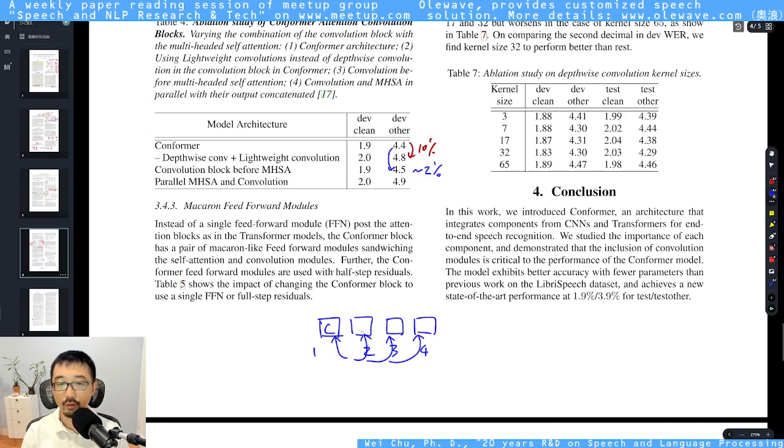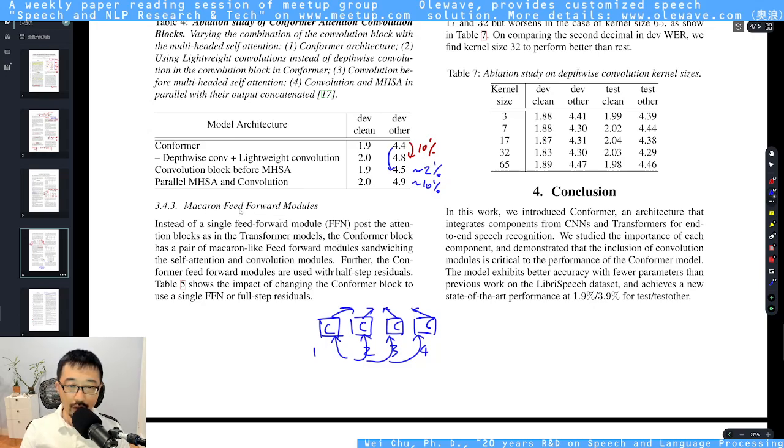They run 4 convolutions here, and they combine these 4 things together. This one actually gives about a 10% increase in WER. It's not good.